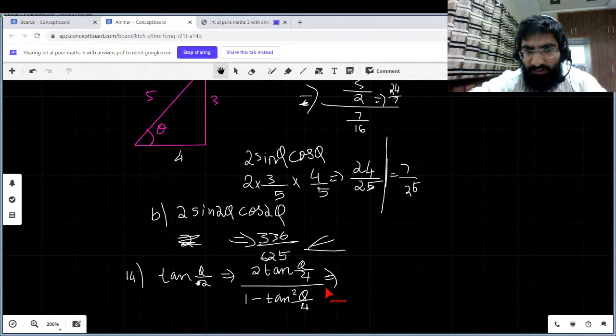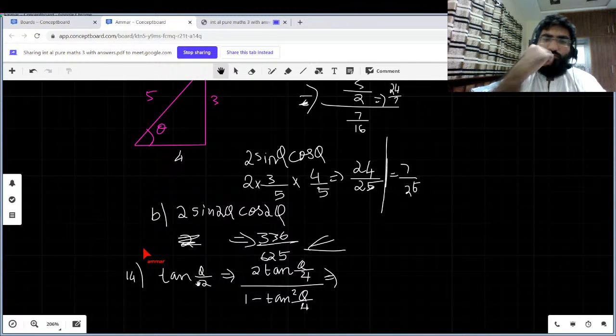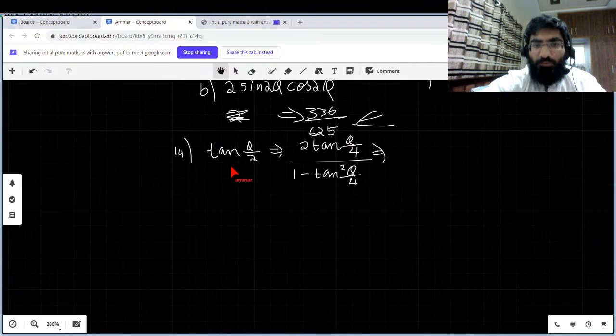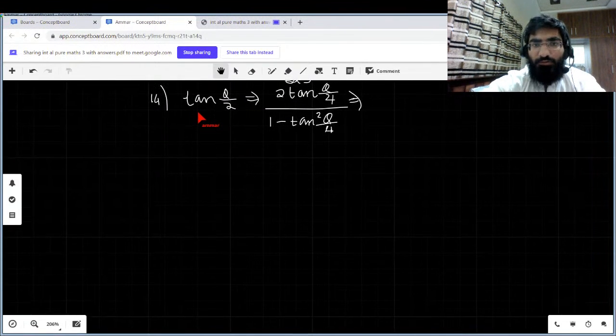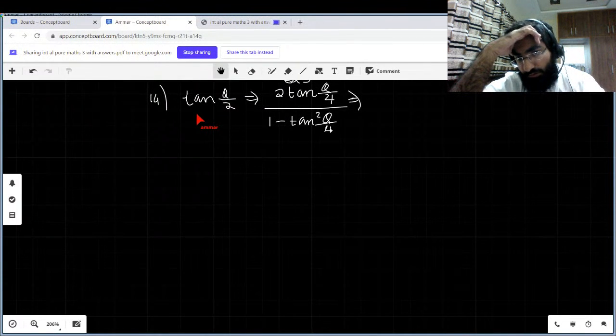Instead, do it for tan theta. If it were tan theta, what would be the double angle formula then? It would be theta by 2. At least your equation would be in the form of tan theta and tan theta by 2. So one's given and one's to be found out.